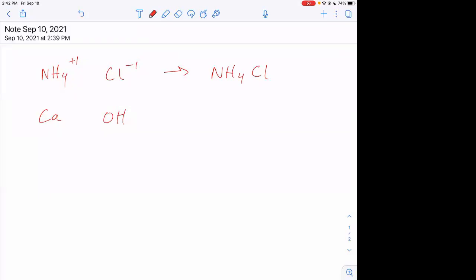I'm not writing the charges on there for you. What would calcium be? Pablo, you can't answer. +2? How do you know that? Because it's in main group 2. See, this should not be rocket science.